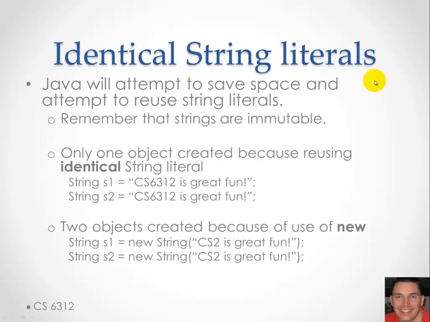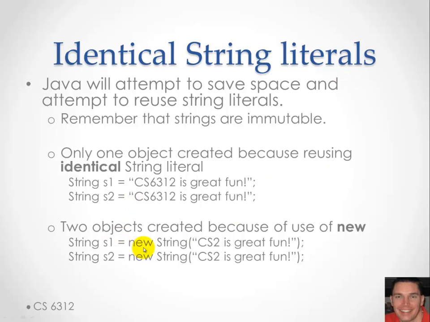Because that object takes up space but can never be changed, and Java wants to save some memory, the Java virtual machine is smart enough to figure out that these are the exact same strings. So S1 and S2 are going to point to the exact same string object. If I said S1 equals equals S2, that's going to return true because S1 and S2 are pointing to the exact same object.